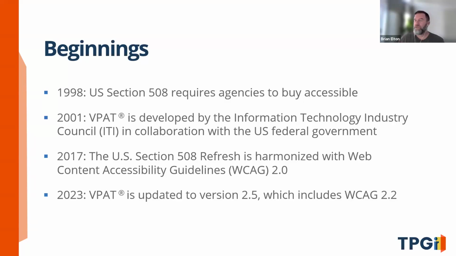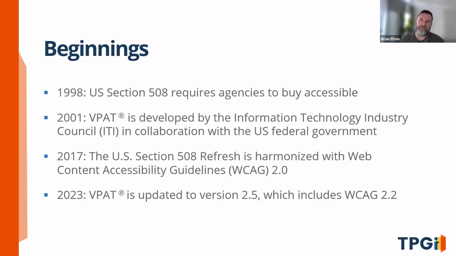We jump forward to 2017. There was a refresh of Section 508, which harmonized it with the Web Content Accessibility Guidelines, version 2.0. And so the VPAT was also then brought up to date and became harmonized with WCAG as well.